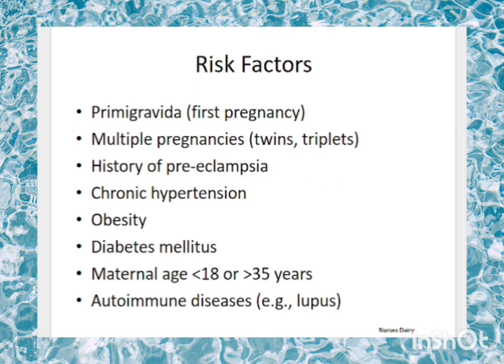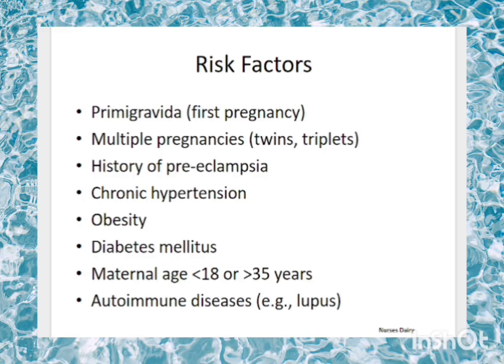So what are our risk factors? Some of the risk factors in line with preeclampsia are prime gravidas, which are first pregnancies. Women experiencing their first pregnancies have a higher risk of having preeclampsia.